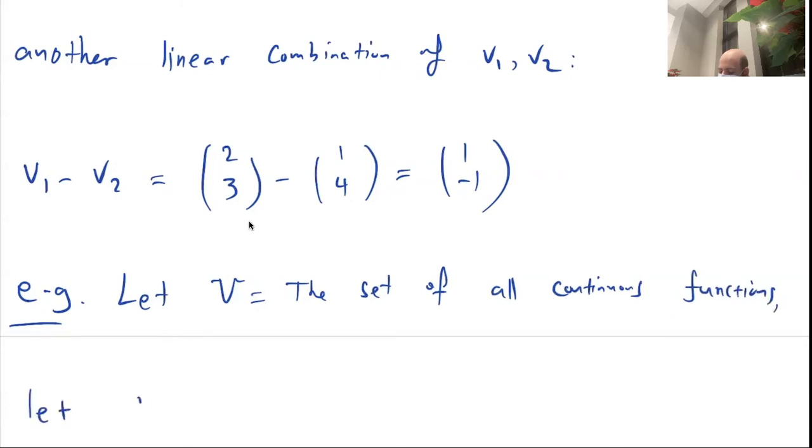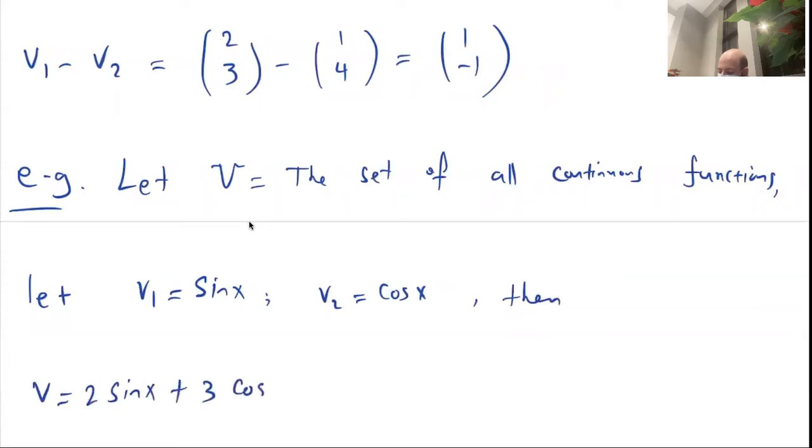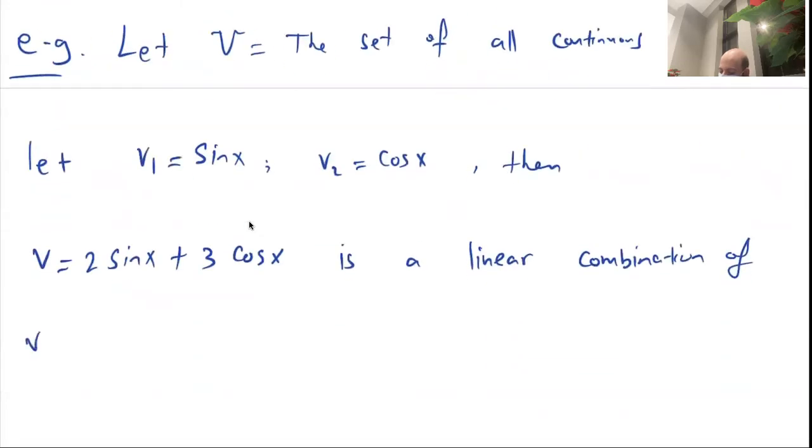And let V1 equal sine x, V2 equal cos x. Then let's say v equals 2 sine x plus 3 cos x is a linear combination of V1 and V2.